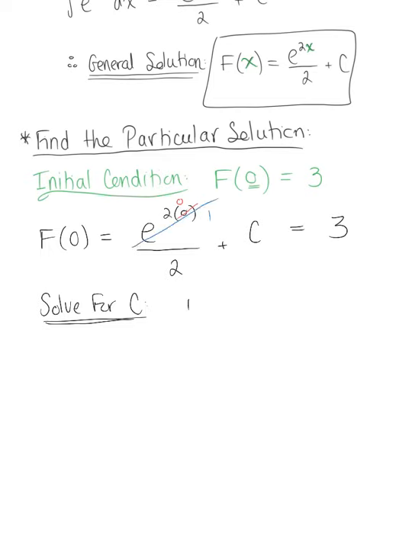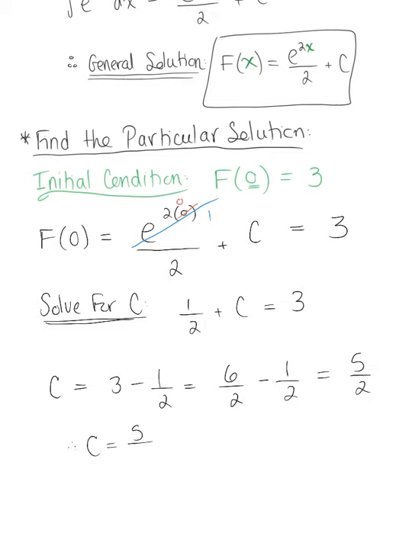So we're left with 1/2 plus c is equal to 3. All right, so solving for c here, we have c is equal to 3 minus 1/2. And getting a common denominator, we have 6/2 minus 1/2, which leaves us with a final answer of c is equal to 5/2.